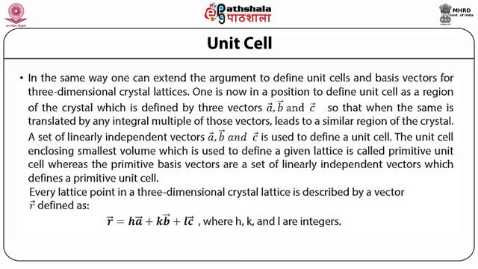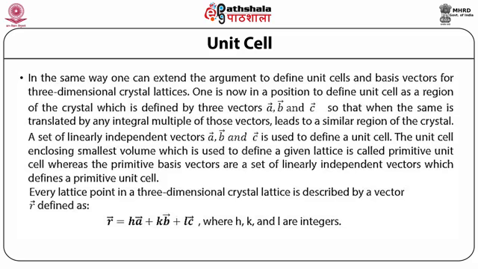A set of linearly independent vectors A, B, and C is used to define a unit cell. The unit cell enclosing the smallest volume which is used to define a given lattice is called the primitive unit cell, whereas the primitive basis vectors are a set of linearly independent vectors which defines a primitive unit cell.